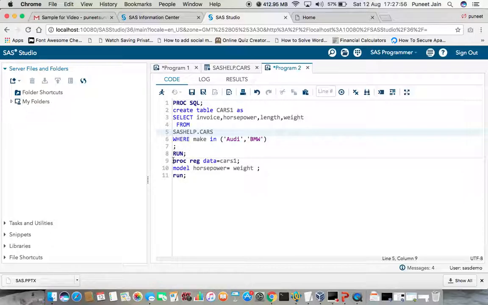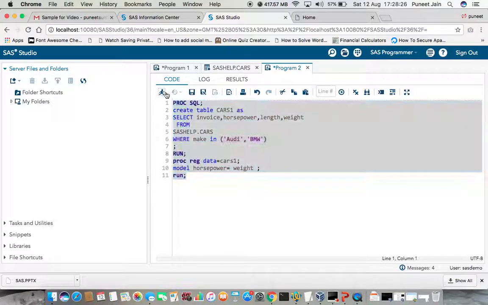And the thing which you guys take in Excel maybe 15-20 days to run and reiterate the whole process and then find out regression, I used just three lines of code: proc reg data equals cars1, that's a temporary table I have created, and I have mentioned that the model is dependent on my horsepower and horsepower is dependent on my weight. That's the hypothesis I have used. Let's run this and you'll be amazed to see the output.